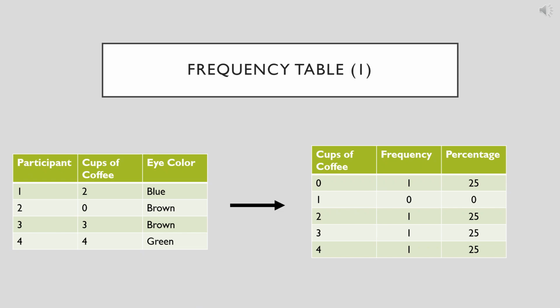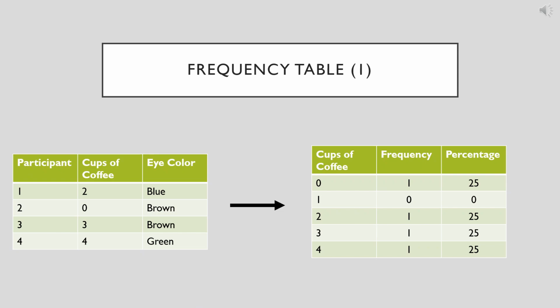The next column is frequency, and you can see that the frequency for 0 cups of coffee is 1, because in our original table, only one person had 0 cups of coffee. That was participant number 2. Right? 0 people drank only 1 cup of coffee. No one in the first table says they had 1 cup of coffee that day. And then there's frequency of 1 for people who drank 2 cups of coffee, also frequency 1 for people who drank 3 cups and 4 cups of coffee, right?